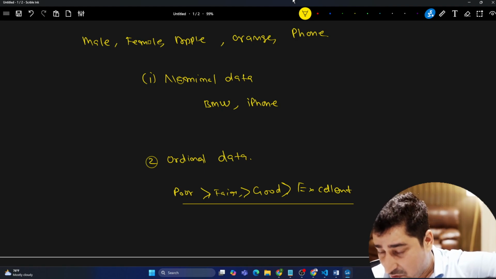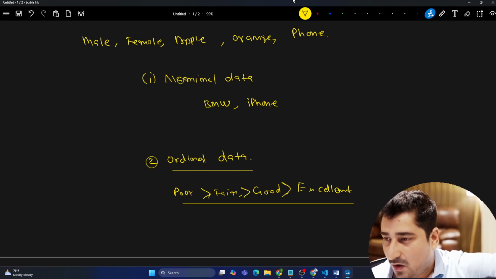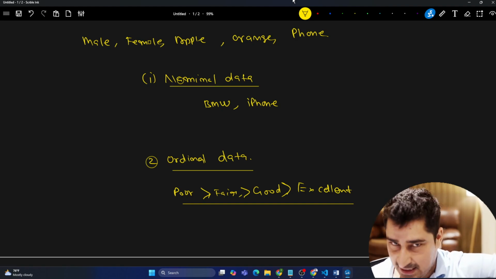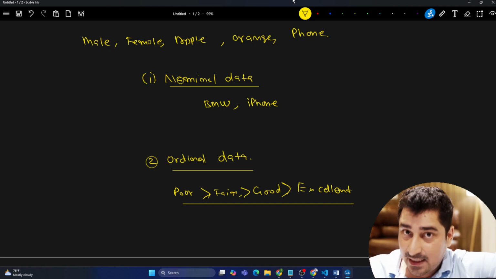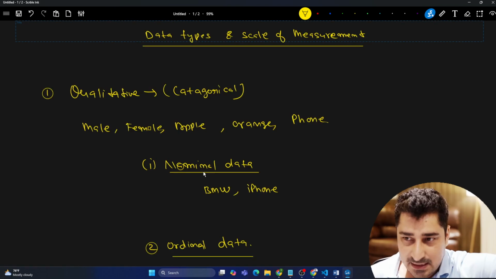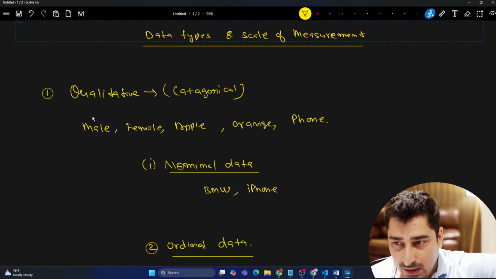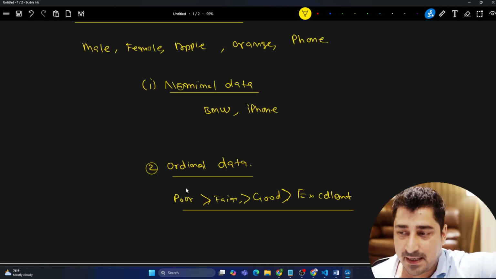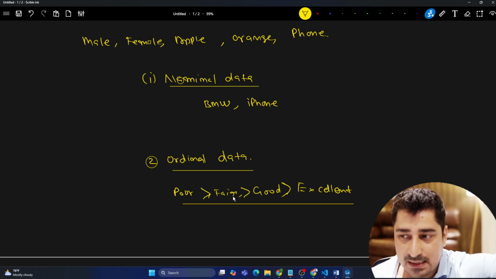I will be able to order. That comes under the ordinal data category, and data where you can take just a name, and just by taking the name, you will be able to understand a property of the data, that comes under nominal data. So I believe this part is clear, that inside qualitative or categorical data, we again have 2 subcategories. One is nominal and one is ordinal.